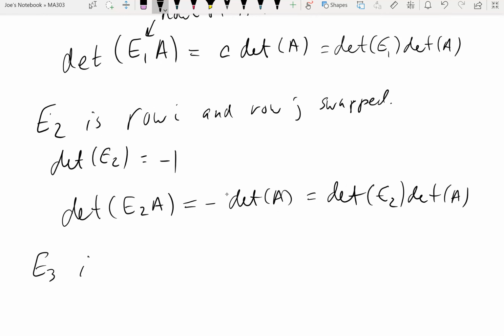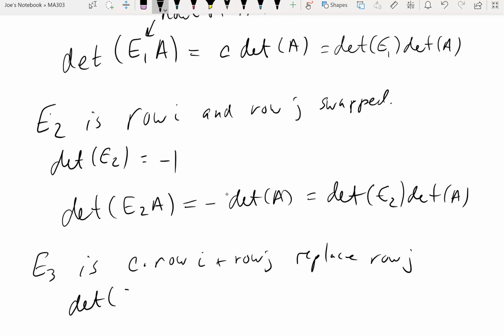Well, there's only one more type of elementary row operation. The complicated one, right? Constant times one row added to a second row, replacing the second row. In that case, what's the determinant of E3?